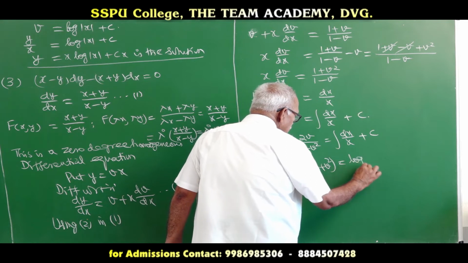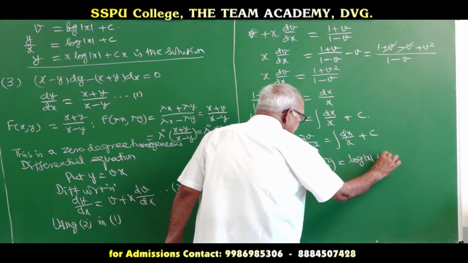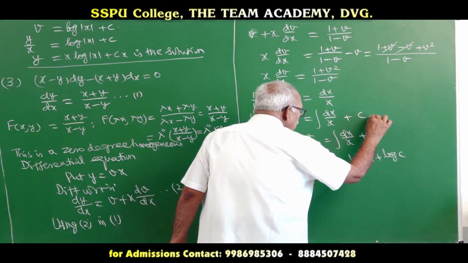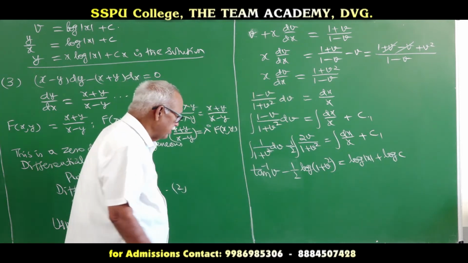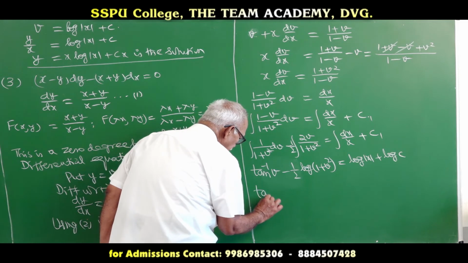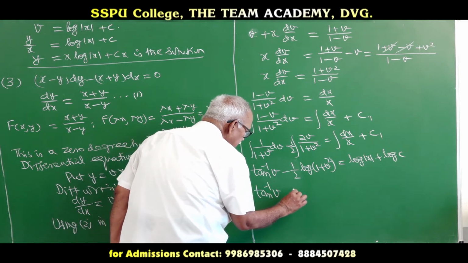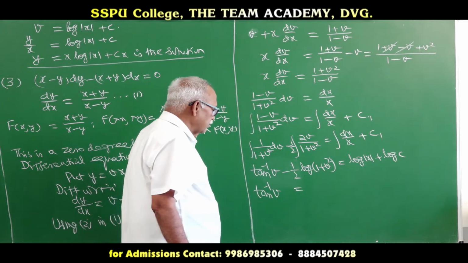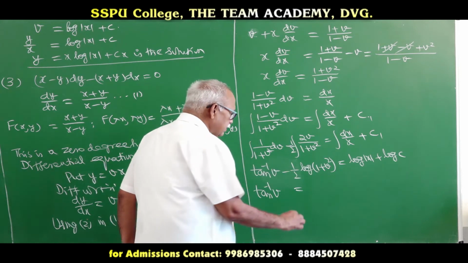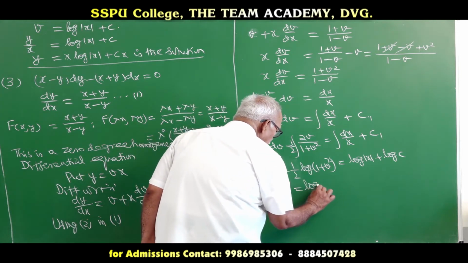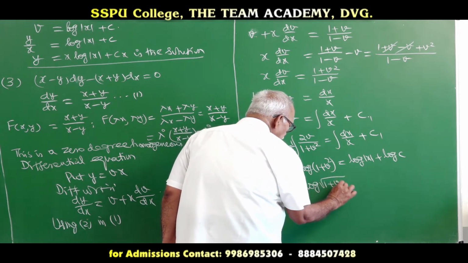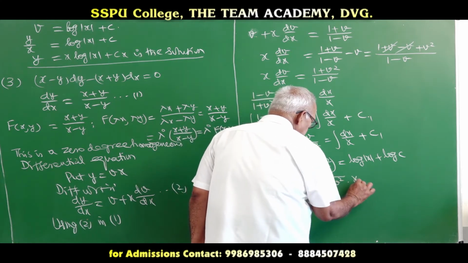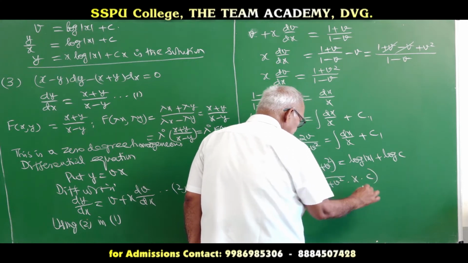This is log mod x plus, we can write this as log c. Take c1 is equal to log c. Now tan inverse of v is equal to, if you take it to the other side, this can be taken like this, log of root of 1 plus v square into x into c.